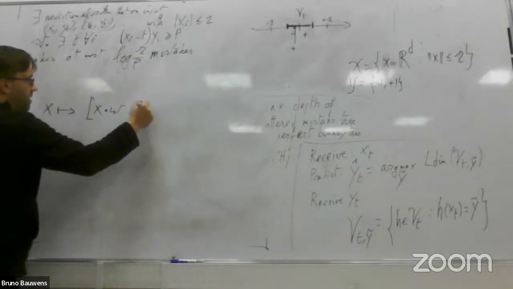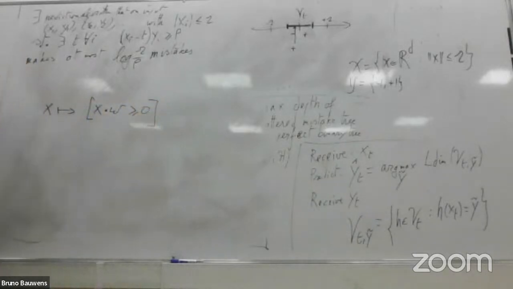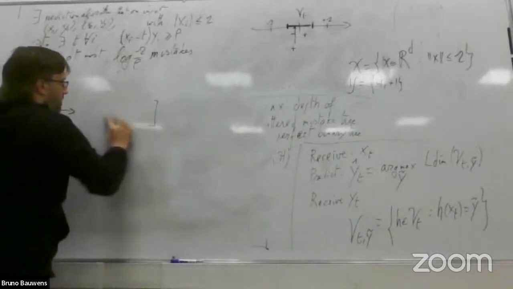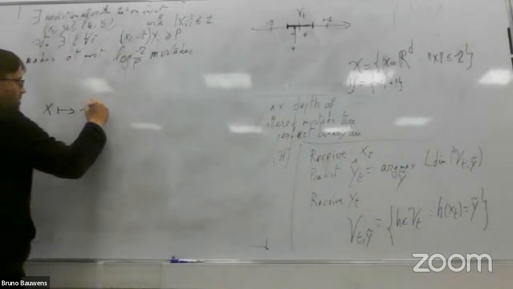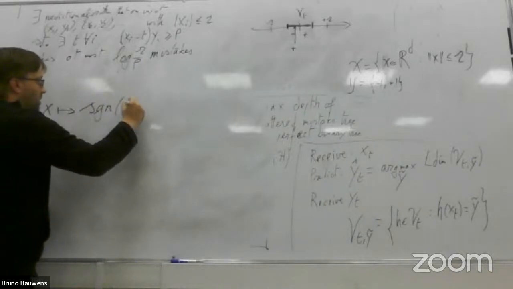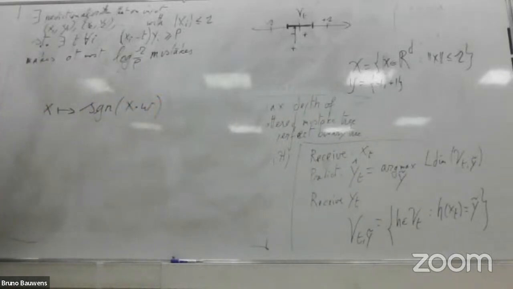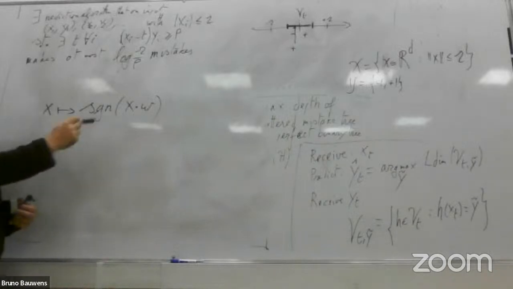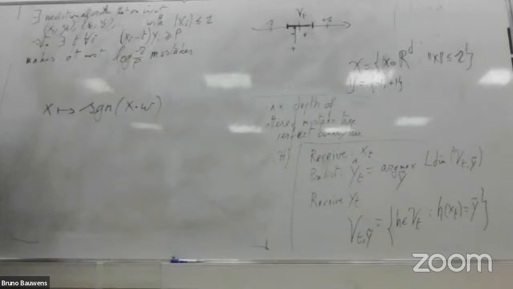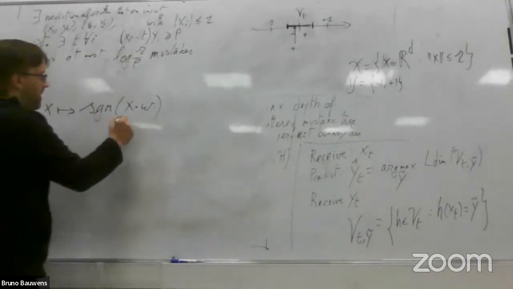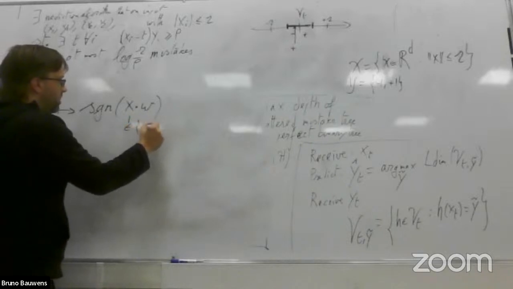The sign function in machine learning is the same as the normal sign function, except that the value 0 is mapped to +1. So sign is an element of {-1, +1}.